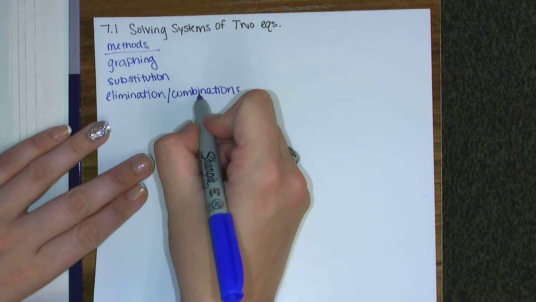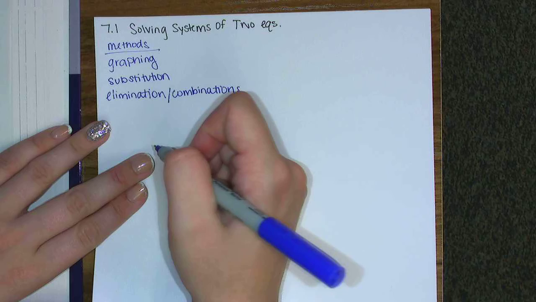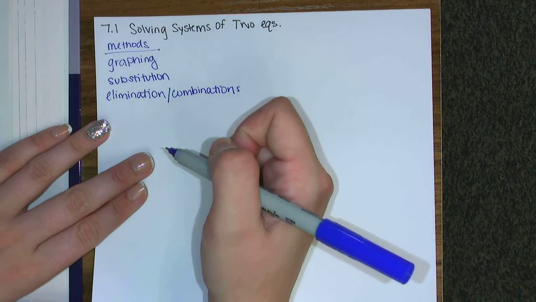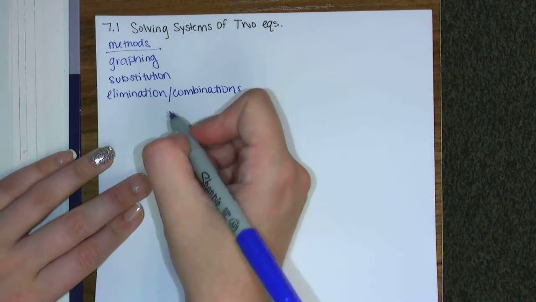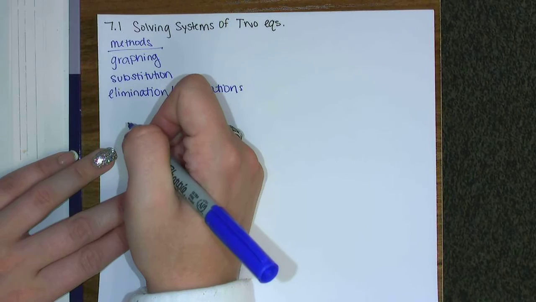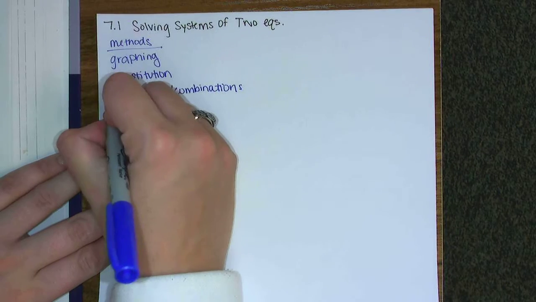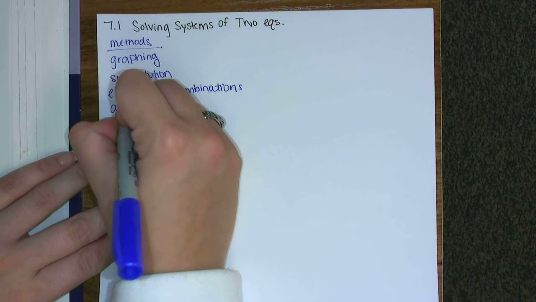When I learned it, we called it combinations, but a lot of books call it elimination now, so not sure which one you'd be familiar with, but they're the same thing. And lastly, one that I don't think you've probably seen to this point, but we can just do it algebraically.